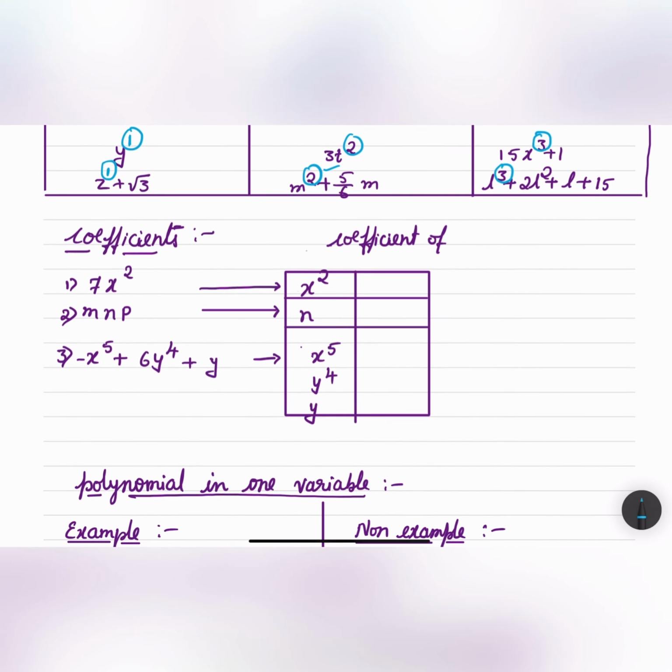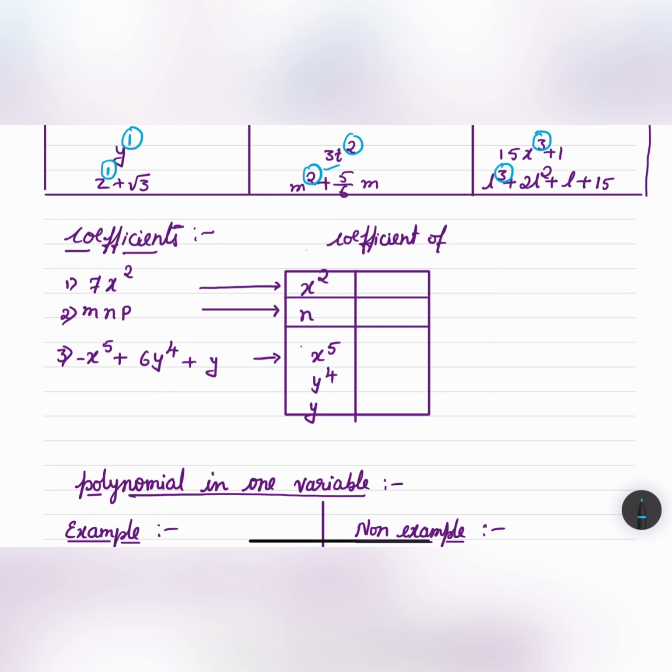Now we will go for what is a coefficient. A coefficient is that which is multiplied to the variables. We have here 9x square, so the coefficient of x square is 9, which is beside it. Then, what is the coefficient of n? It is mp.